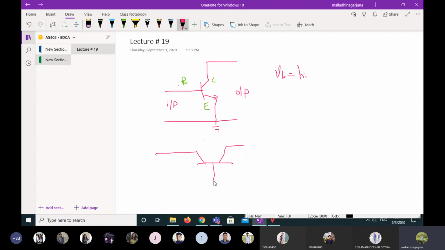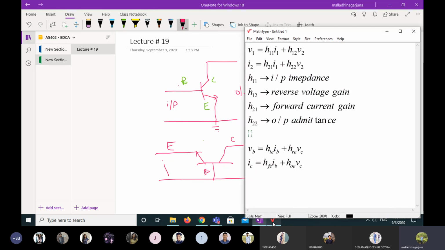The emitter is the input, the collector is the output, and the base is the common terminal here. This is the input and this is the output. So this is for the common emitter here.